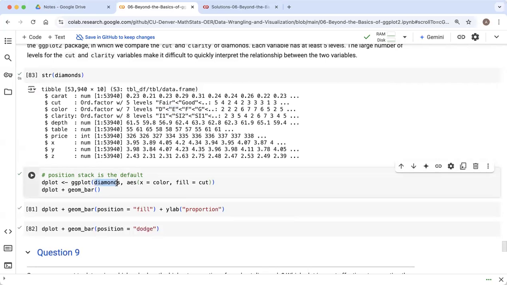I'm going to input the diamonds data frame into my ggplot, and I'm going to create a global mapping for color and fill, color going to X, cut going to the fill. And my first plot is just going to be a bar plot with the default position of stack.